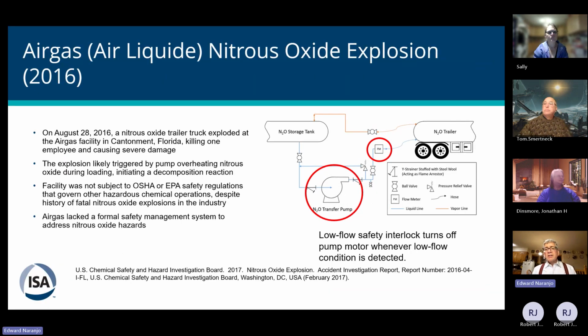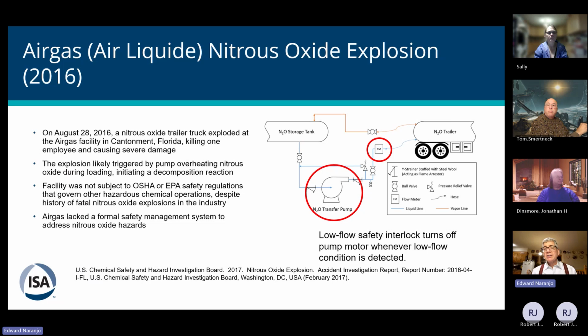So in 2016, there was a fatal explosion that occurred at an Airgas facility. Airgas is a manufacturer of gas cylinders for a variety of purposes, mainly industrial. And so it does manipulate nitrous oxide.